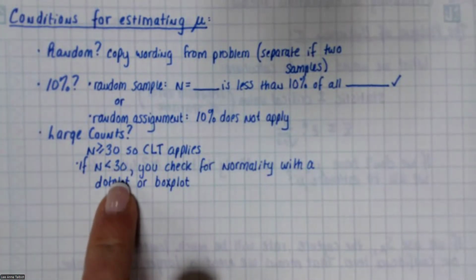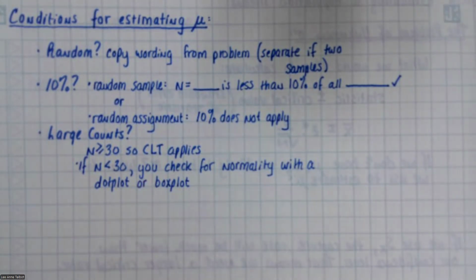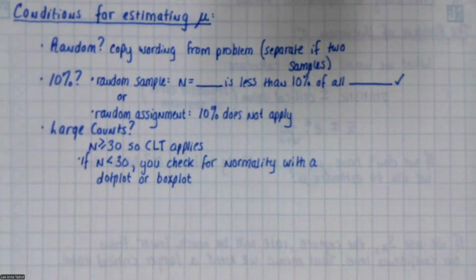If n is less than 30, then you have to check for normality with a dot plot or box plot. So you have to make sure that you don't have a really huge skew situation. And that's it. Do I have a joke is the question.